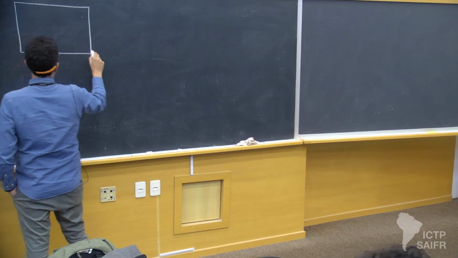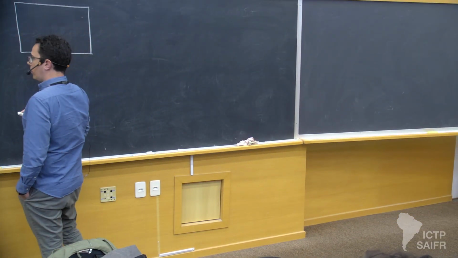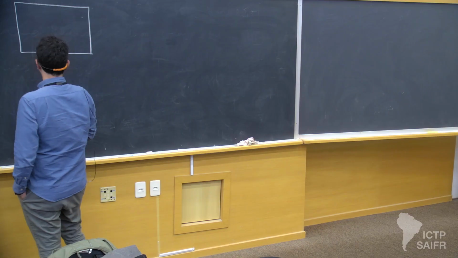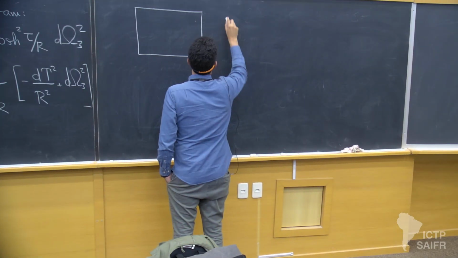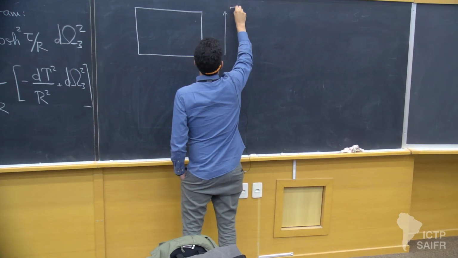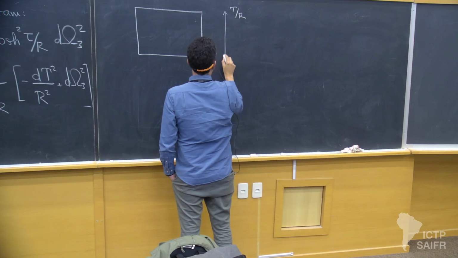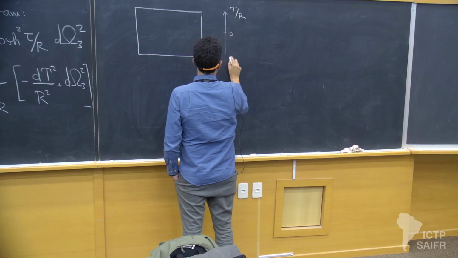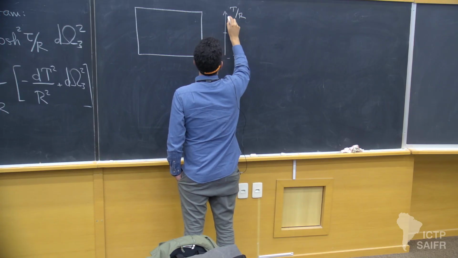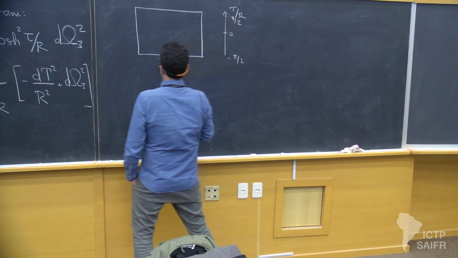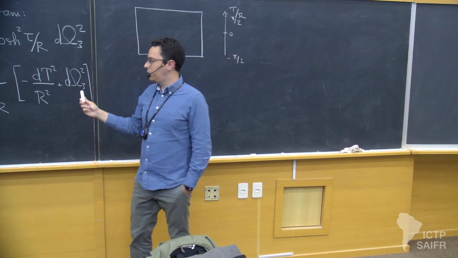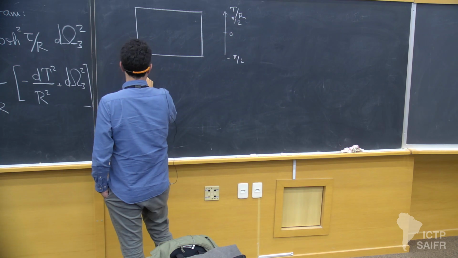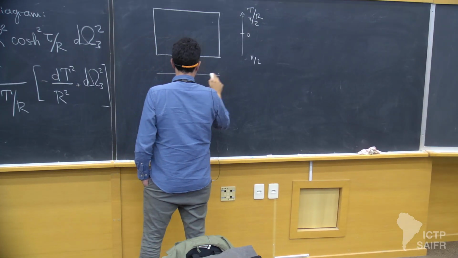And the point is that this goes from minus pi over 2 to pi over 2, right? So if I plot here T over r, 0, minus pi over 2, pi over 2. And as usual, the azimuthal angle on a sphere goes from 0 to pi.